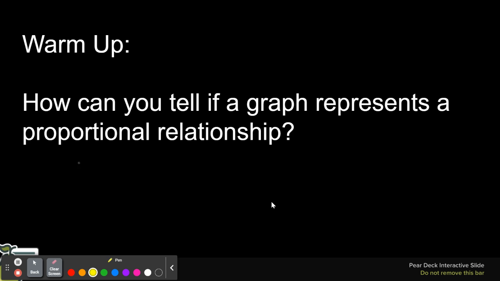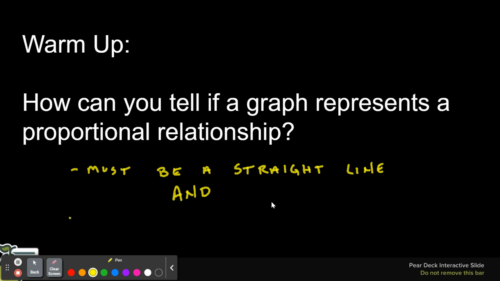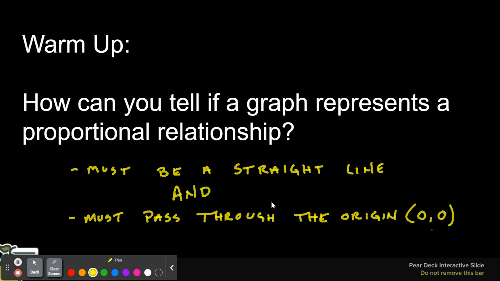It must be a straight line, and that means both of these must be true, and it must pass through the origin, which is 0, 0, right?